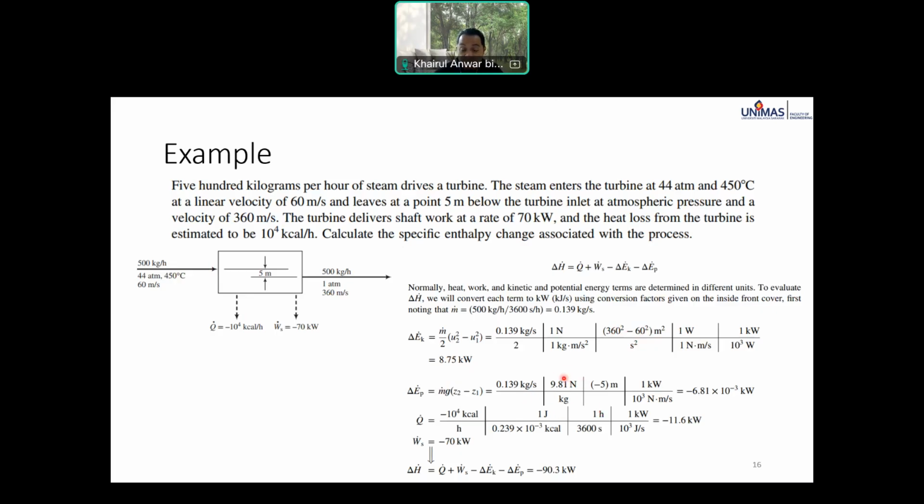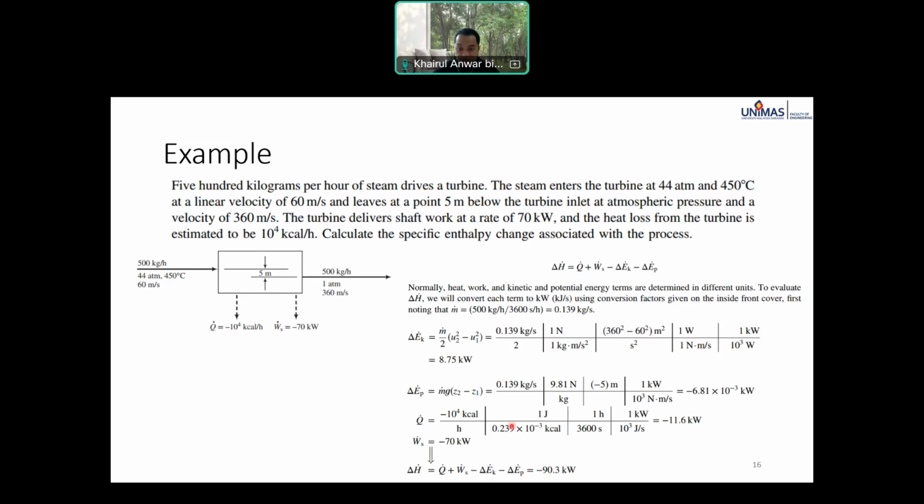So it is gravity times the height difference, outlet minus inlet. So delta EP equals 6.1 times 10 to the negative 3 kilowatts.